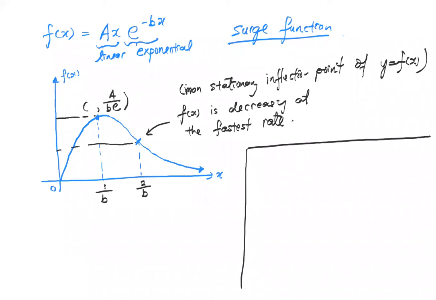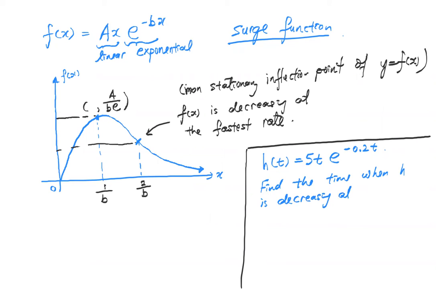So if in the exam I give you a function, for example I say h(t) is equal to 5t e to the power negative 0.2t. Then I ask you, find the time when h is decreasing at the fastest rate.